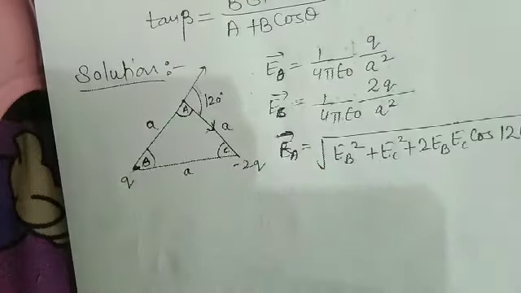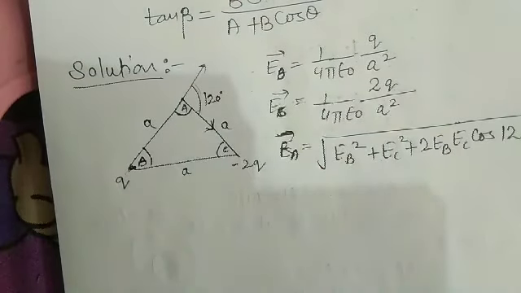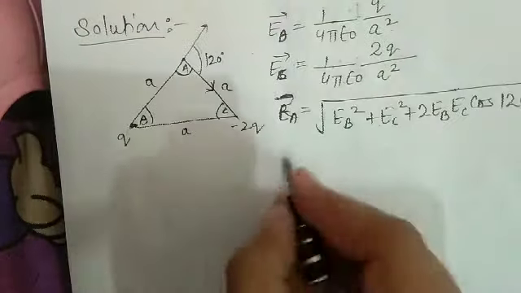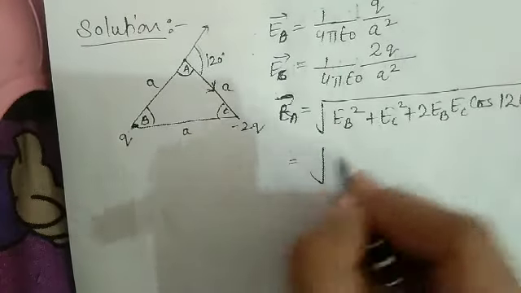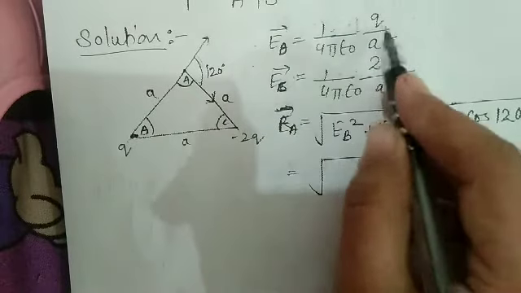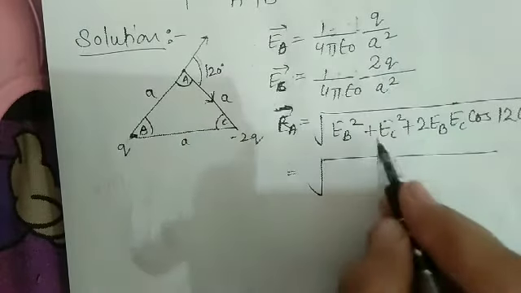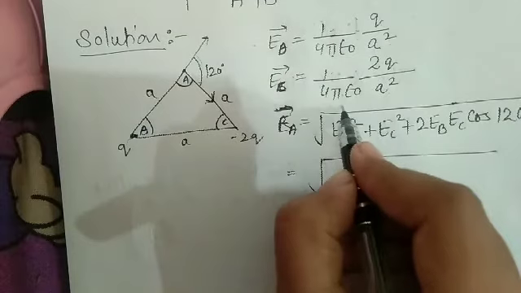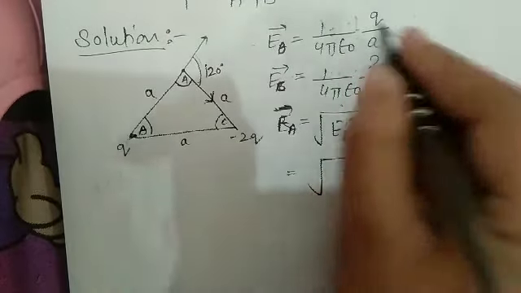I am not marking vectors here because direction will be done in the next step. What is EB? EB is 1 upon 4 pi epsilon naught Q by A square. What is EC? 1 upon 4 pi epsilon naught 2Q by A square. Squaring.